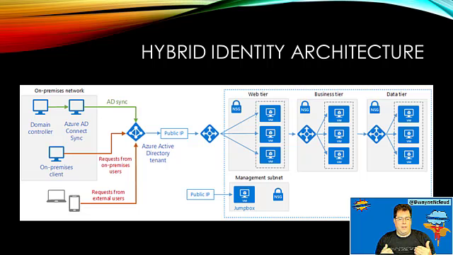The key piece to this puzzle is Azure Active Directory Connect, and how that synchronizes our Active Directory domain services, domain controller server environment on-premises, and takes that to Azure Active Directory to have access to on-premises applications as well as the cloud applications.